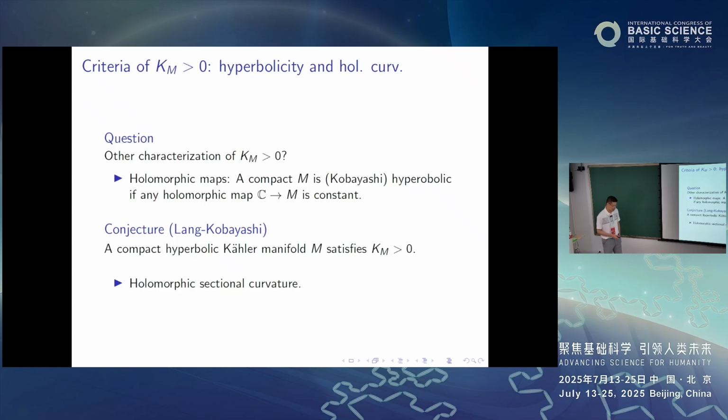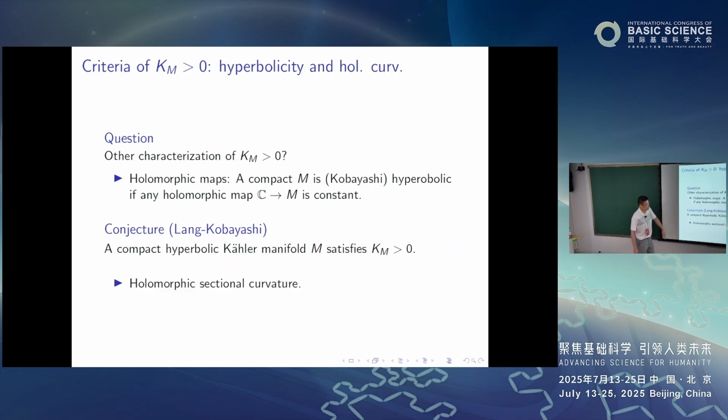If you have a Kobayashi metric, you cannot have such a non-constant map, because the Kobayashi metric needs a positive lower bound for the radius of the disk. Anyway, this definition is clear, so we take it as the definition.